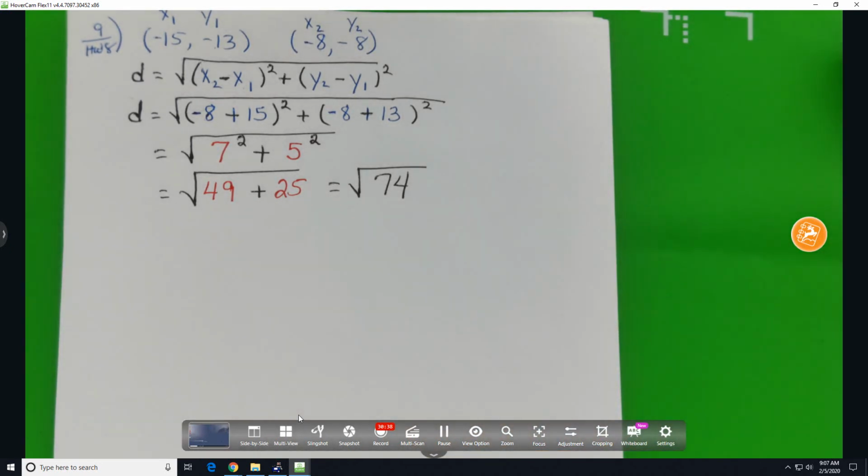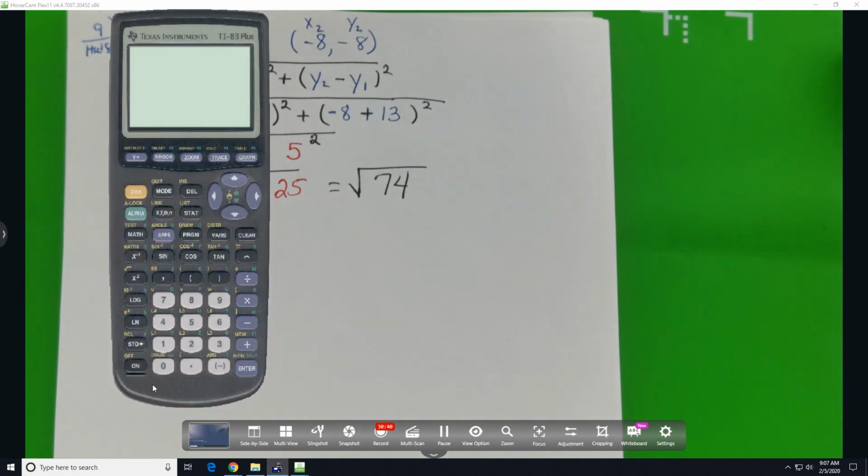Is that one of those square roots we can simplify? Let's see, is there a perfect square that divides into it? 74 divided by 4, divided by 9, divided by 16. There's no perfect square that divides into 74. Okay? In fact, the only two numbers I can think of are 2 times 37.